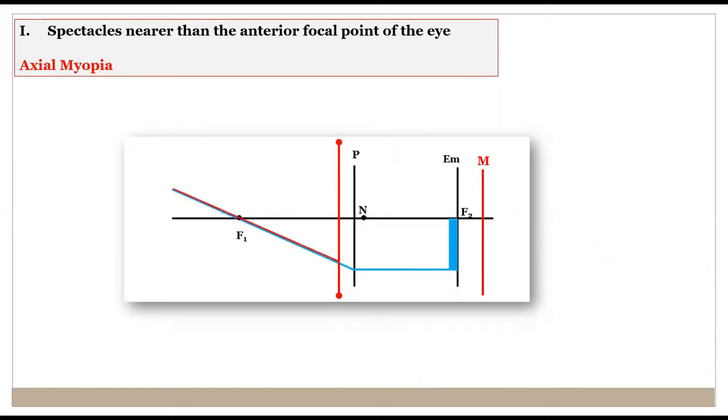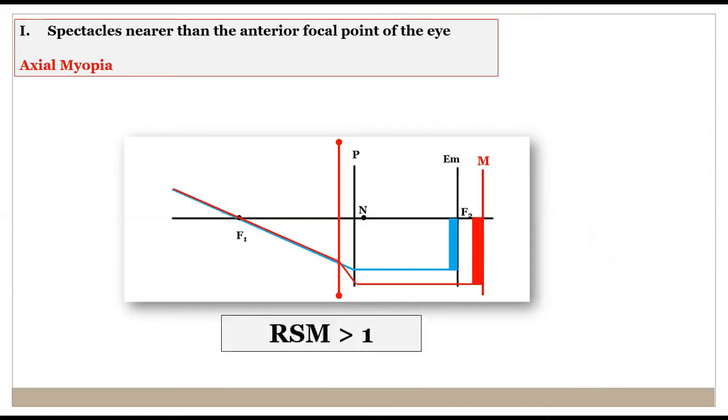So by ray tracing, this ray passing through the first focal point, and when it hits the minus lens, it diverges a little bit, and by the refractive power of the eye, it will pass parallel to the principal axis. And now this is the retinal image size, and as you see here, it is relatively bigger than emmetropic image size.